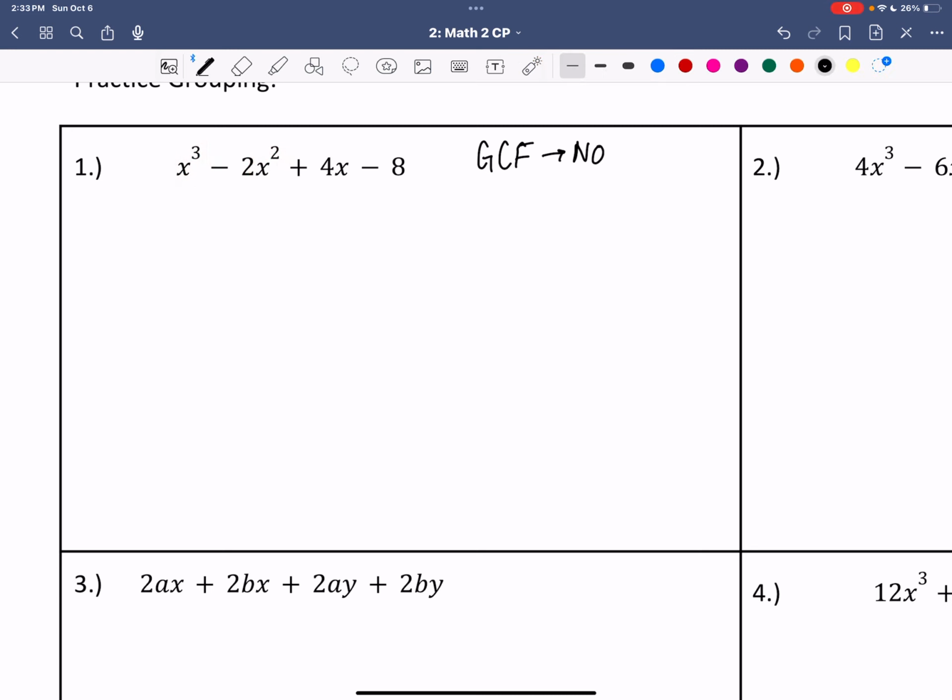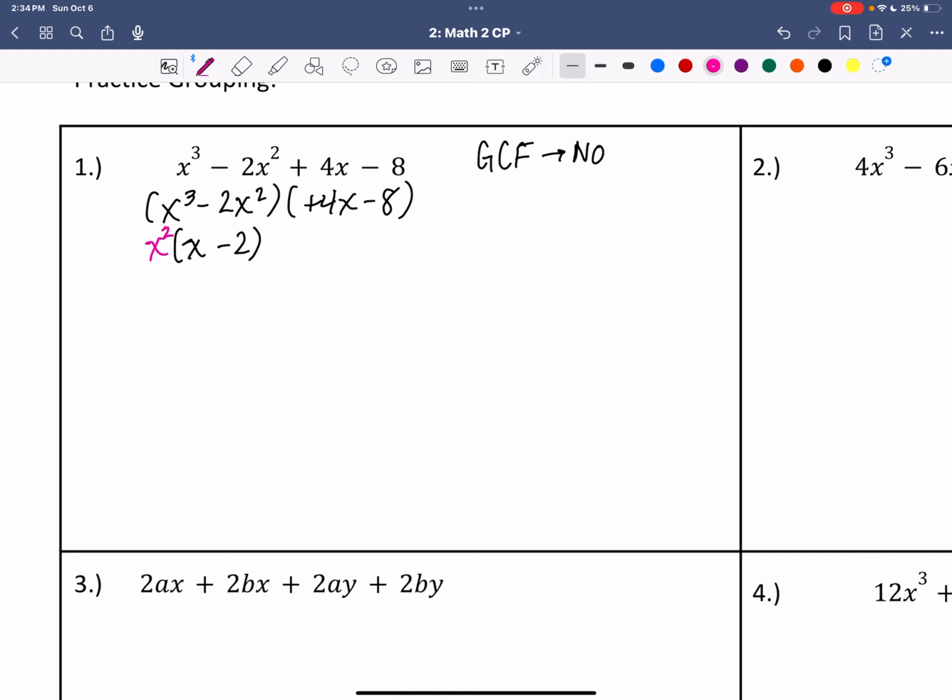So I'm going to rewrite this, and then rewrite this. Now that we broke these apart, let's start factoring. This has x as a GCF, and I'm left with x squared minus 2. Oops, I forgot to write my 2 here, sorry.